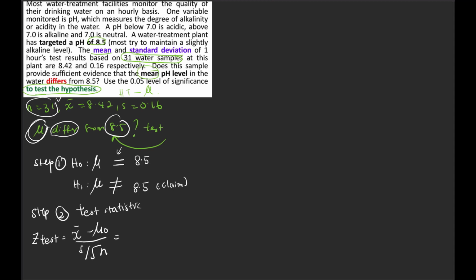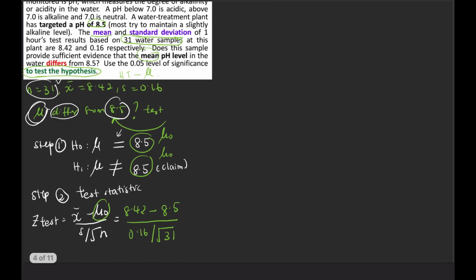We have our x bar is 8.42. This is our mu naught. Mu naught is 8.5, over s. S is 0.16, over square root n, where n is 31.